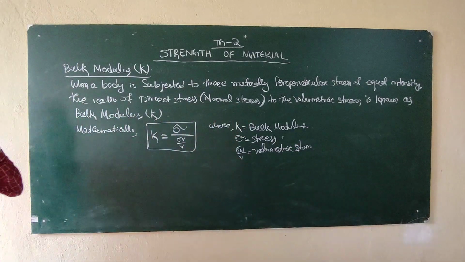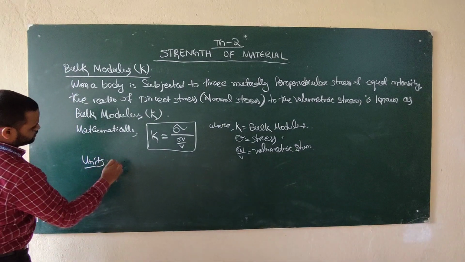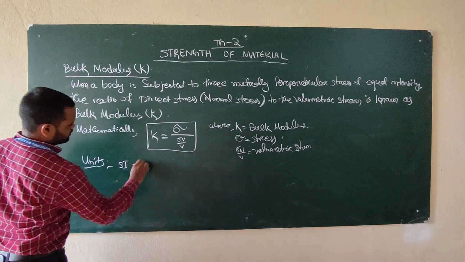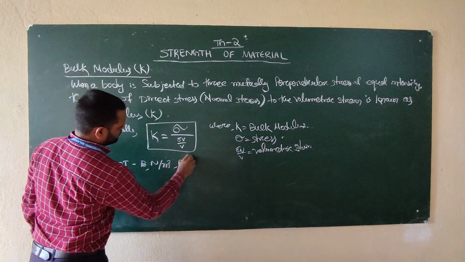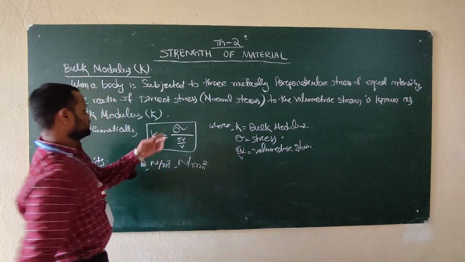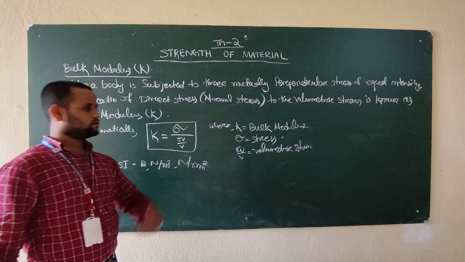This is bulk modulus. Units: SI units, Pascal, Newton per meter square, Newton per millimeter square. The unit of stress is the same, so the bulk modulus unit is also the same.